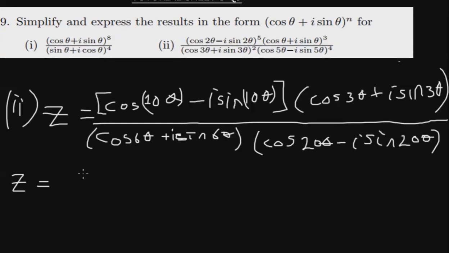So I'm going to get open brackets cos negative 10 theta. So cos negative 10 theta, that's what I'm going to get here. And then let me just use this curly bracket so that I use small brackets here.